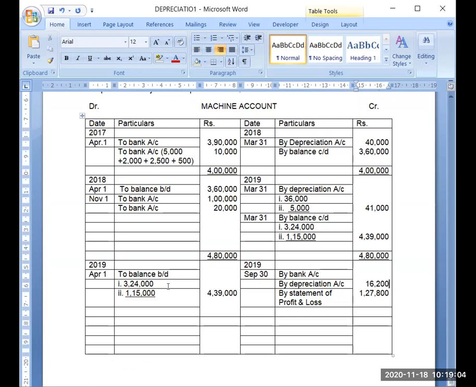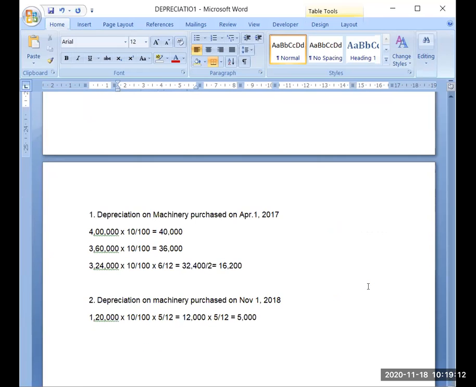And if you want to calculate the bank amount out of this opening balance, also you can deduct these amounts. You will automatically get the bank amount. But we will always prefer to prepare the proper working note.